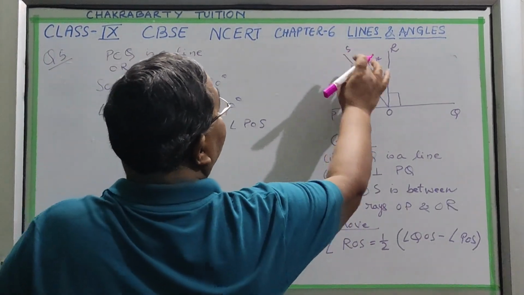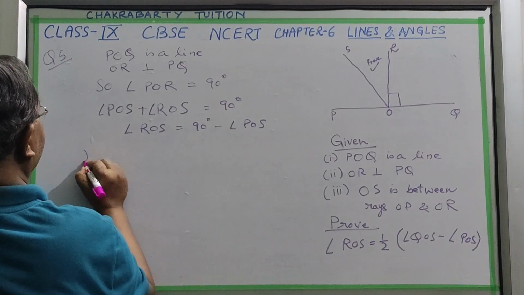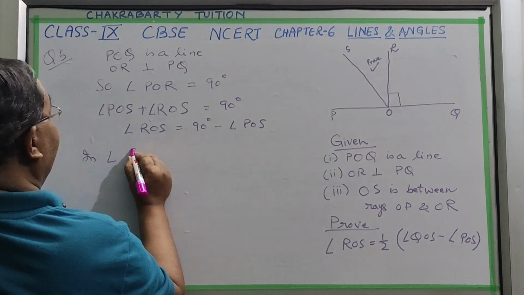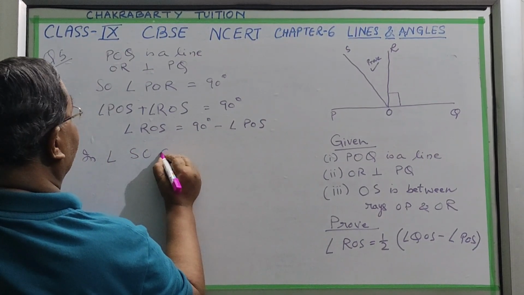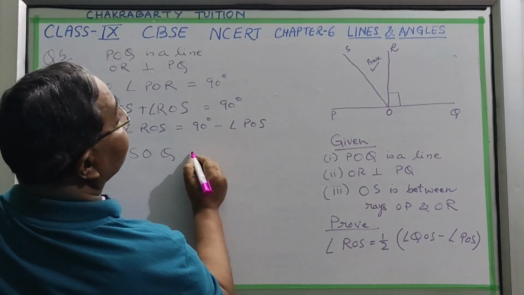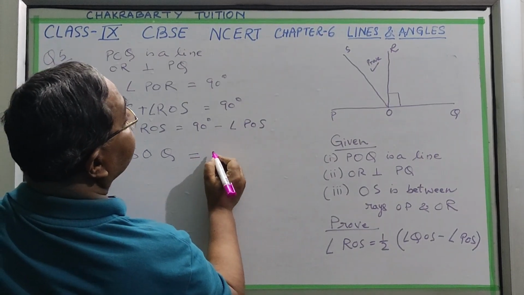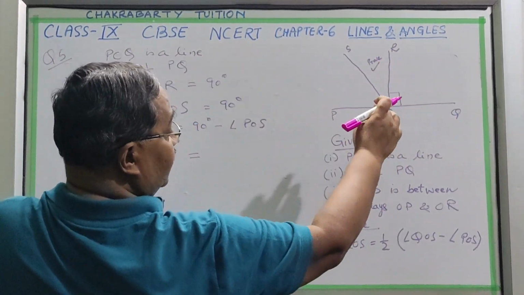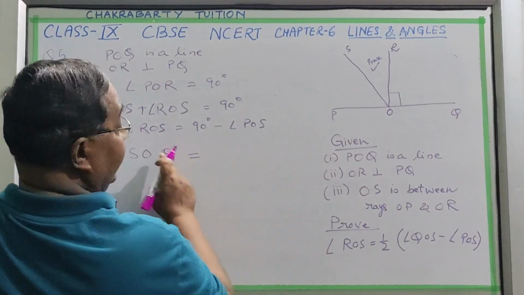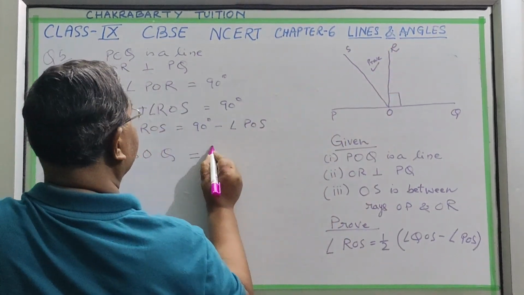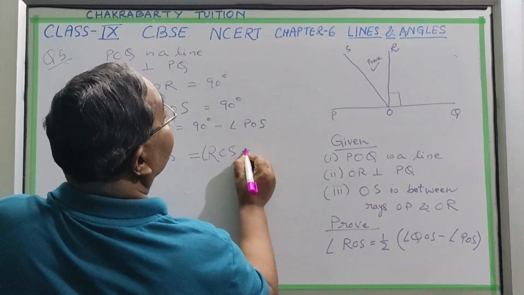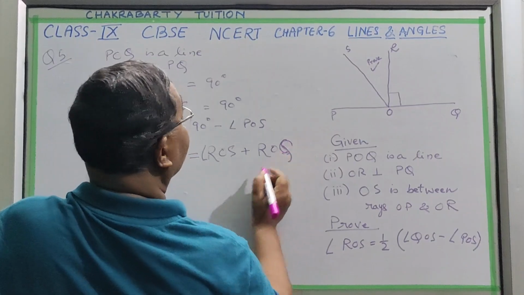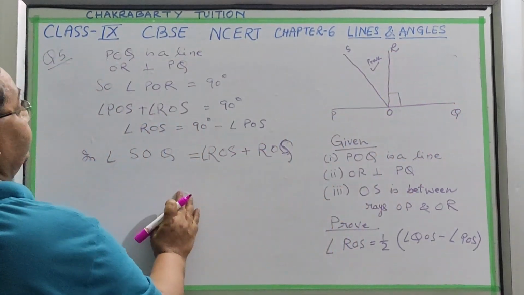Now we are coming to this point, angle SOQ. Angle SOQ is made of ROS angle plus ROQ, and ROQ is 90 degree.